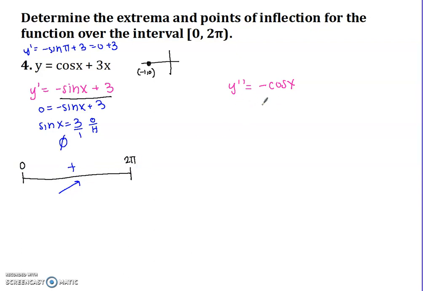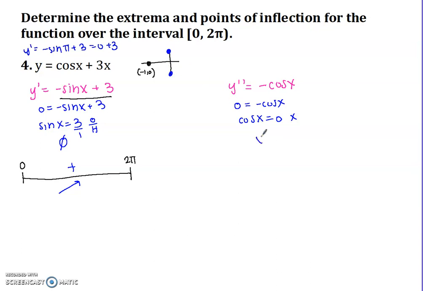Now I'm going to go solve my second derivative. So that's just going to give me cosine of x is 0. And remember, cosine goes with x, so we're looking for where x is 0, which would be the two angles on the y-axis.